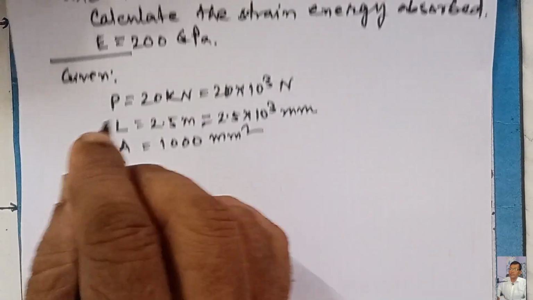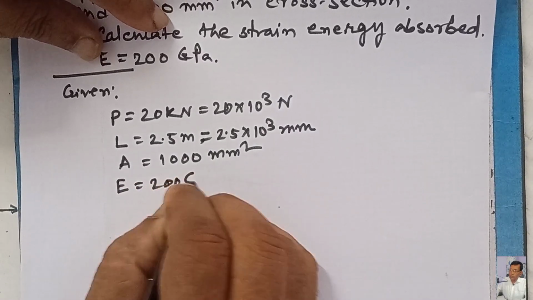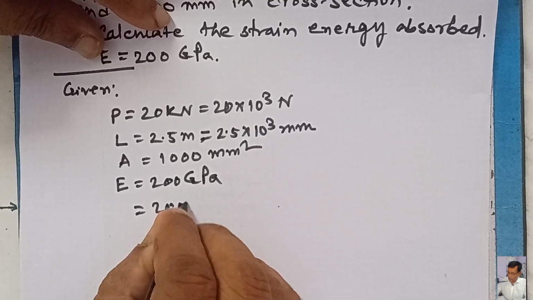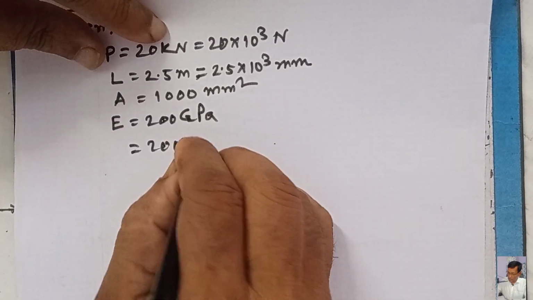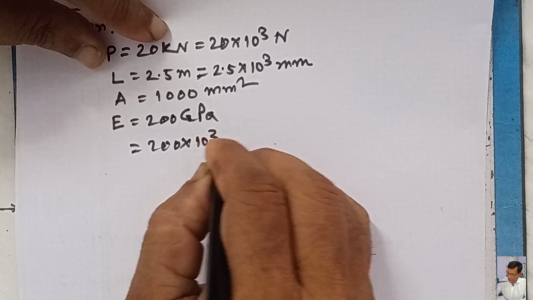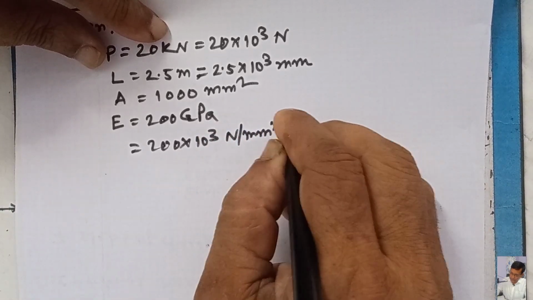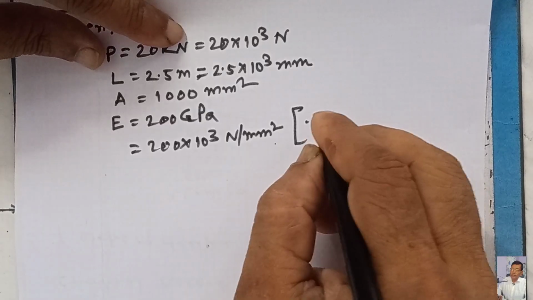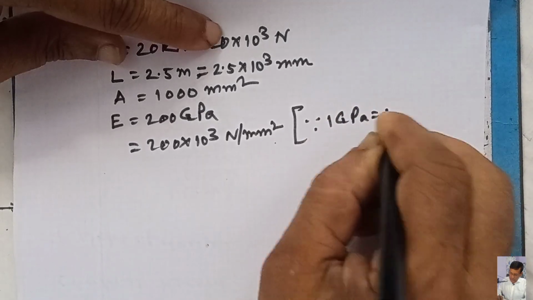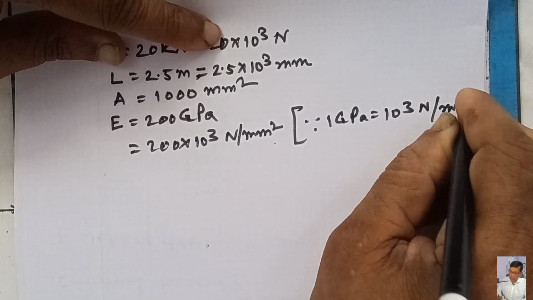E is equal to 200 gigapascal is equal to 200 into 10 to the power cube Newton per millimeter square, since 1 gigapascal is equal to 10 to the power cube Newton per millimeter square.